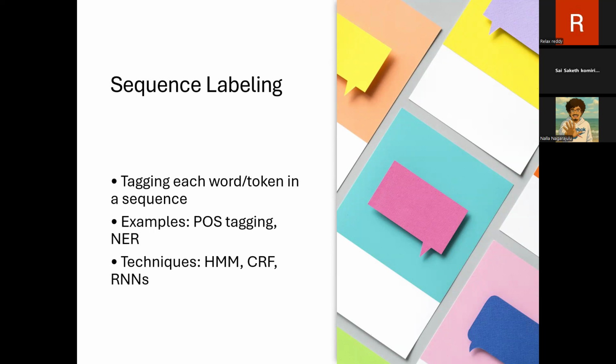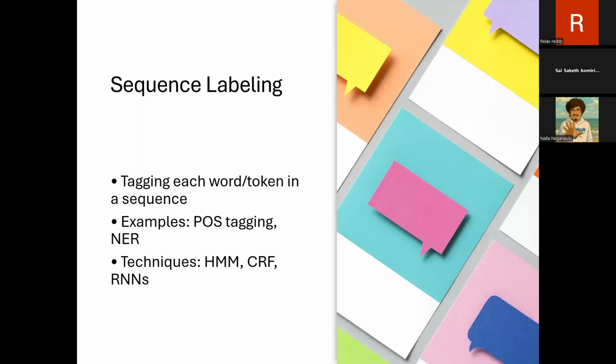Here, every word is labeled as a noun, a verb, an adjective, etc. Another example is named entity recognition, where we mark specific words as person, location, organization, and so on. These labels help machines understand the role and meaning of words in context. This is particularly important in complex NLP tasks like question answering or machine translation.